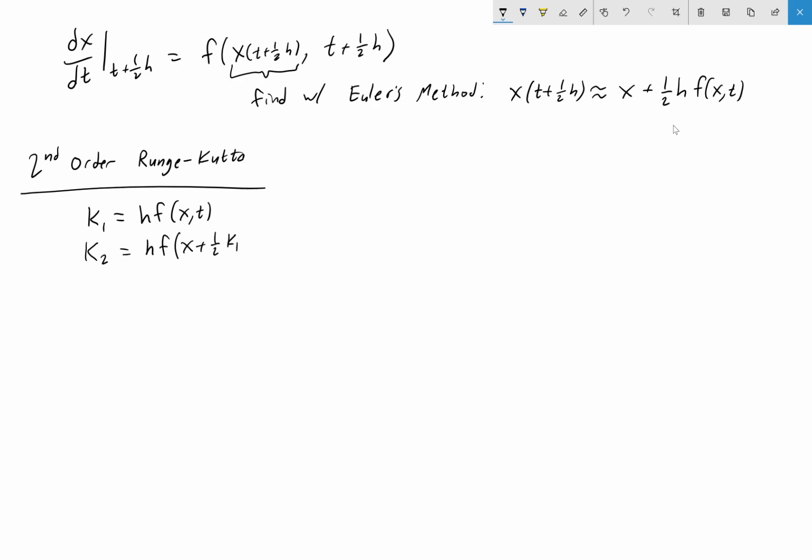So this is like finding that midpoint. k1 is a full step, and then half of that is the midpoint. And then for time, we'd have to also go half a step forward in time. And then our answer, our x at t plus h, is going to be equal to the original x at t plus that k2.